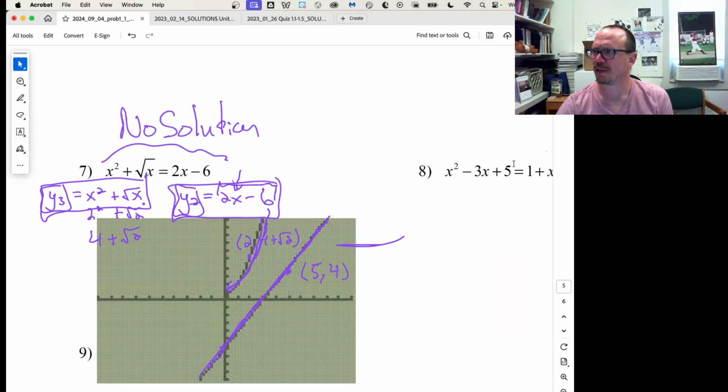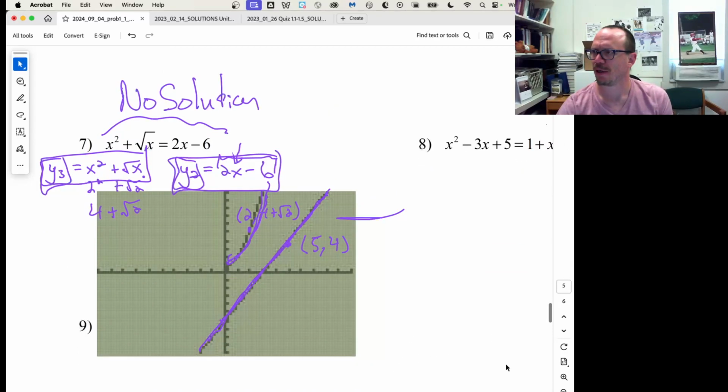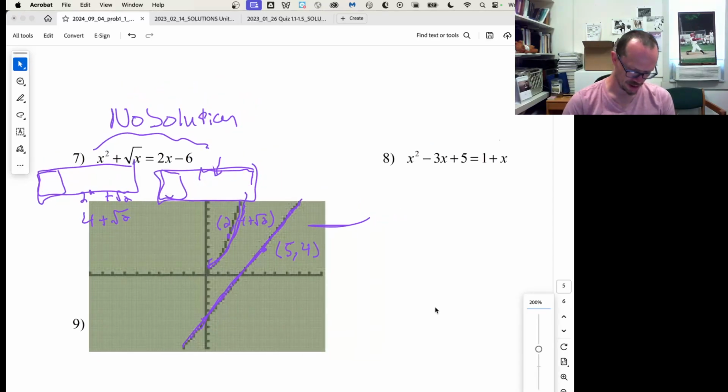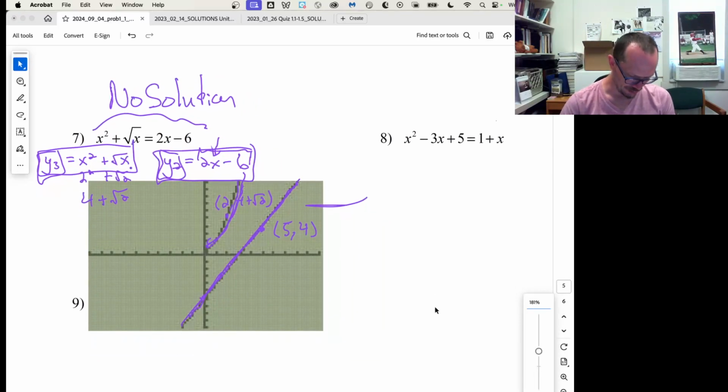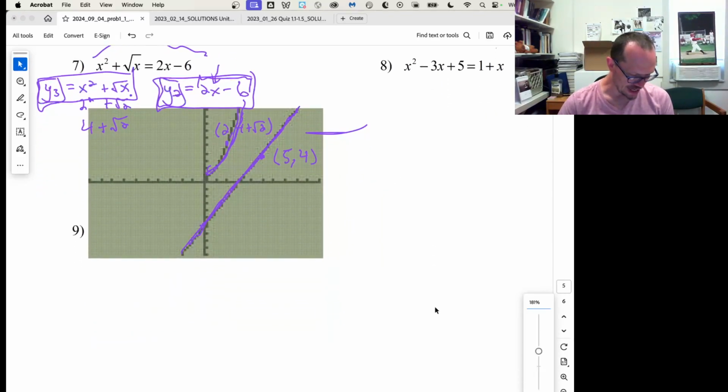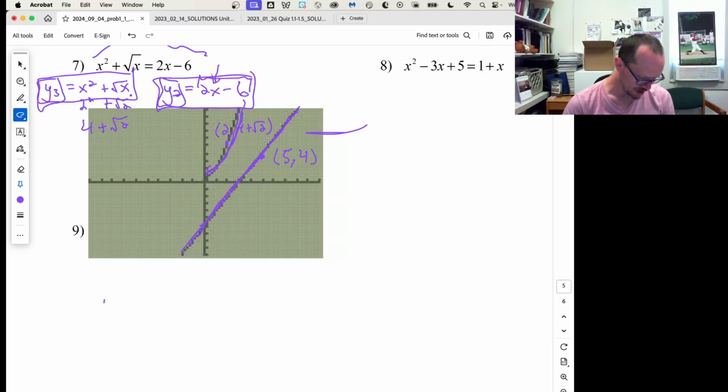Oh, come on, how do I slide? There, now I can slide. Doing this problem over where x squared plus root x is root x minus x squared. So we're going to do this: x squared minus root x equals 2x minus 6.